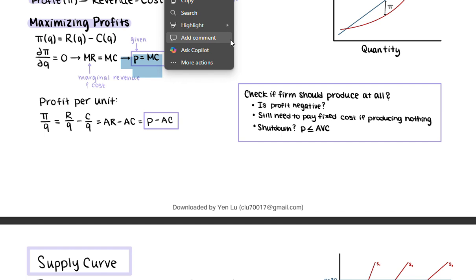You sell the items, receive money, and divide by Q, so price equals average revenue, minus average cost gives the profit per unit.